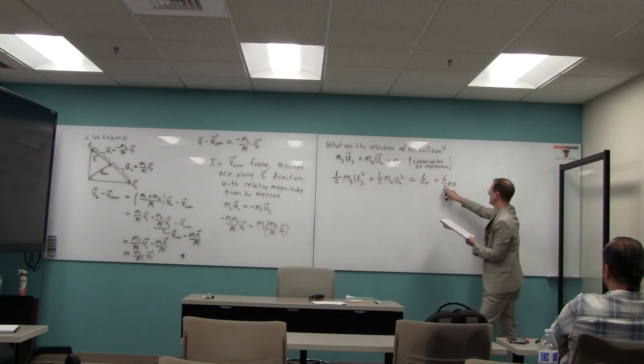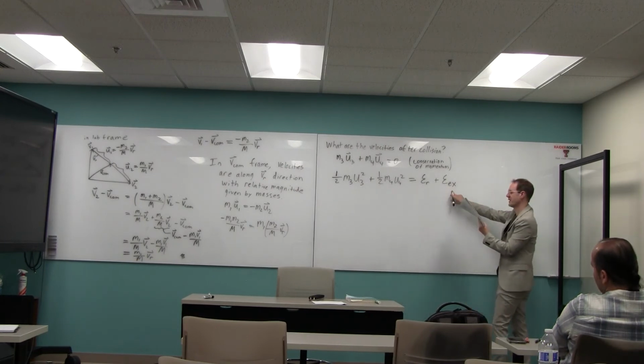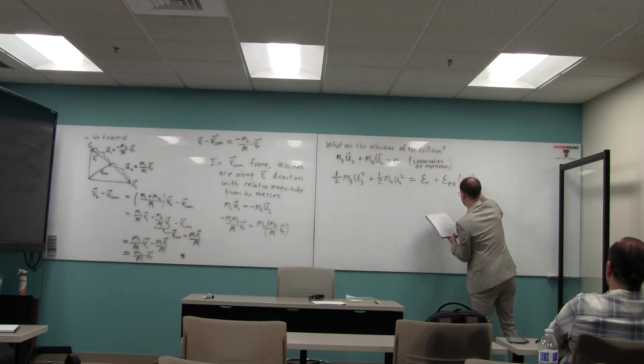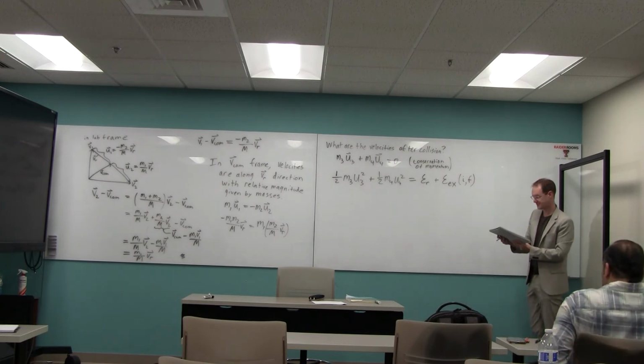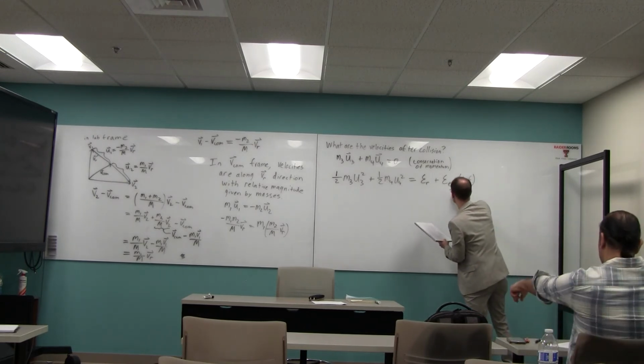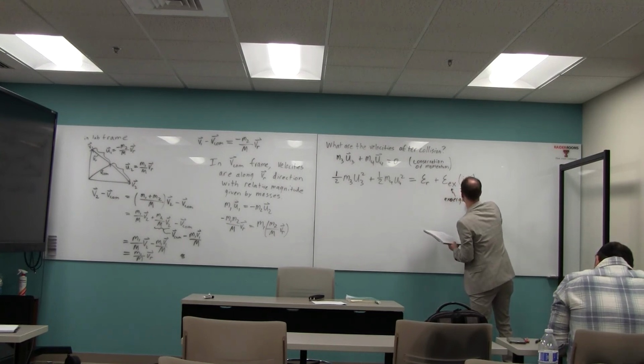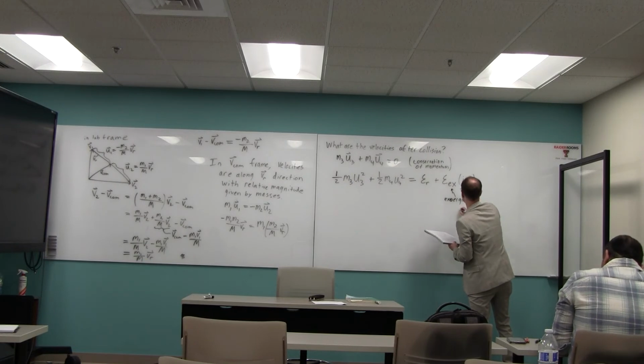I'll call it EX, where X stands for exoergodicity. And this depends on the initial and final states. Okay, so this is the exoergodicity of the I to F process, right?